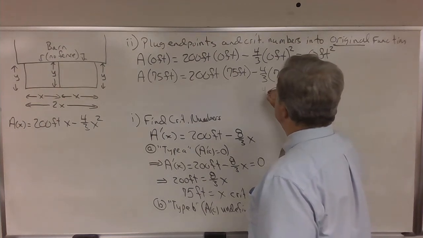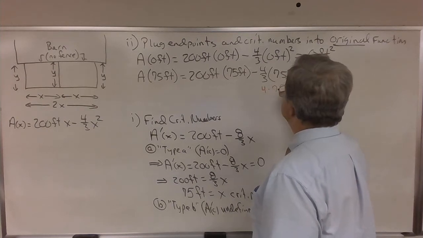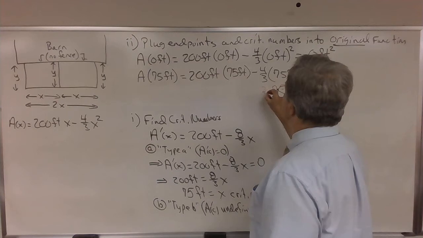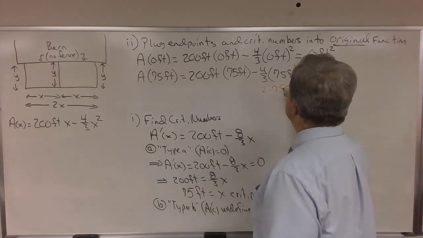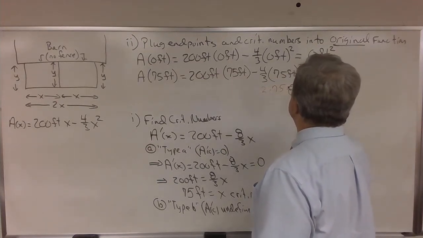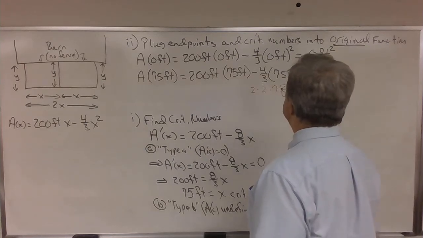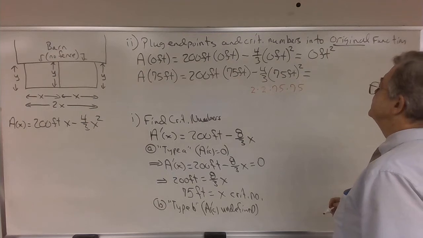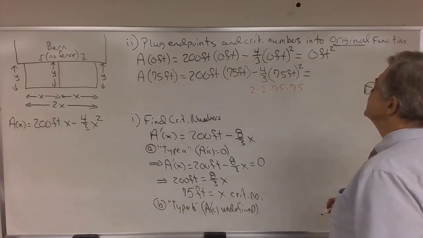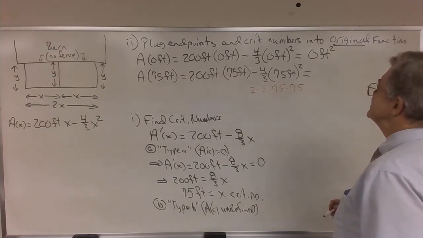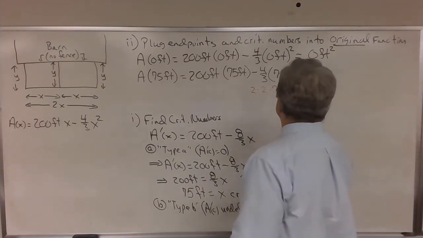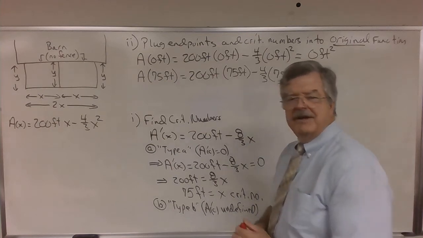This is 4 times 75. Two times 75 times 75. Forgive me, I'm actually going to have to think.